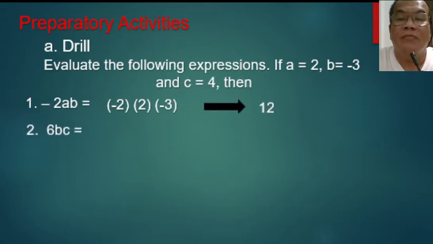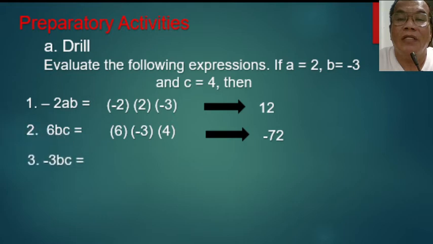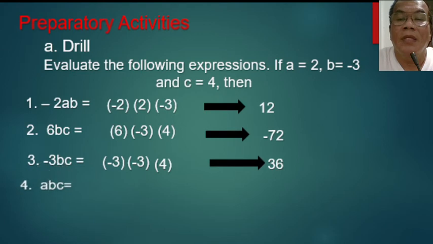Then you have 6BC. So 6 times -3 is -18, times 4 is equal to -72. Number 3 is -3BC, which is -3 times -3 is +9, times +4 is +36. Number 4 is ABC.